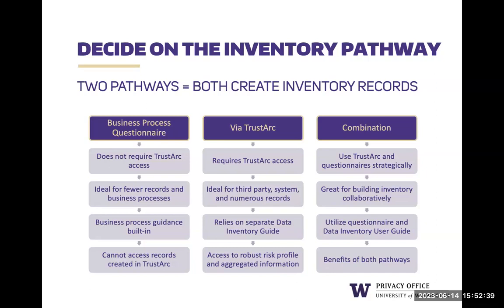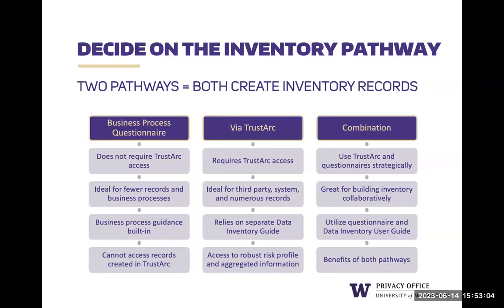The key benefits of direct TrustArc access are that you can edit any of your records at any time, access a complete list of the items you've inventoried, and can review the risk profile associated with your organization and unit. You may decide to choose one route or combine the two approaches strategically to collaboratively inventory items with your colleagues.